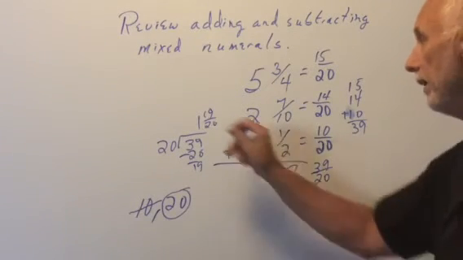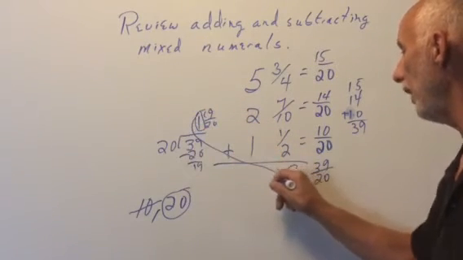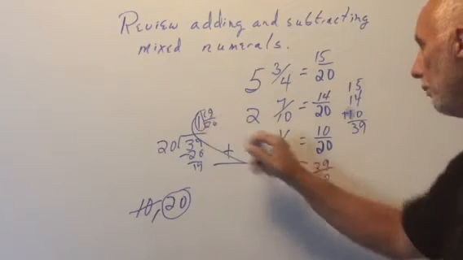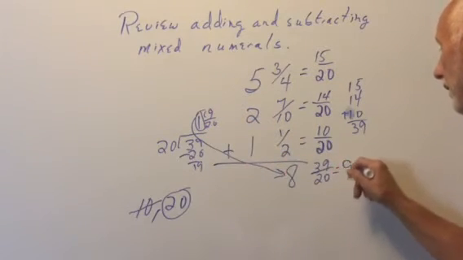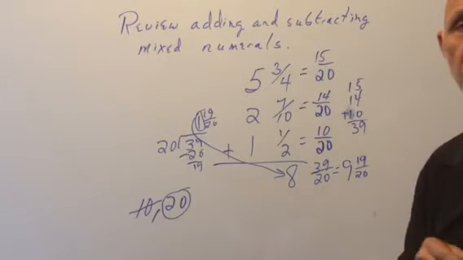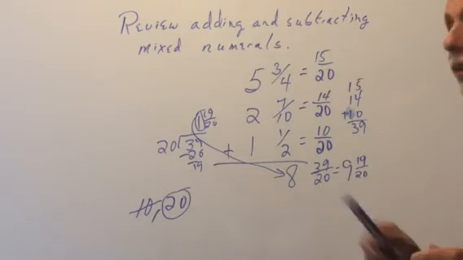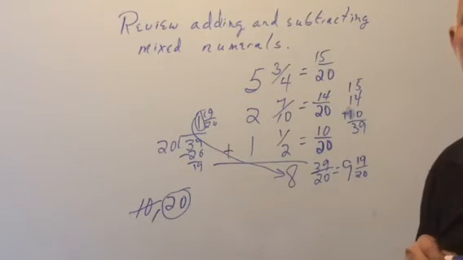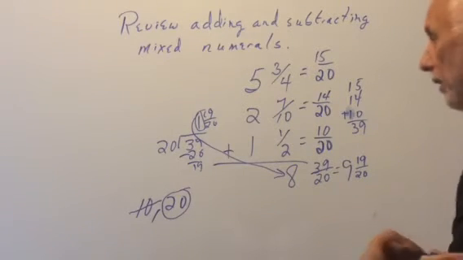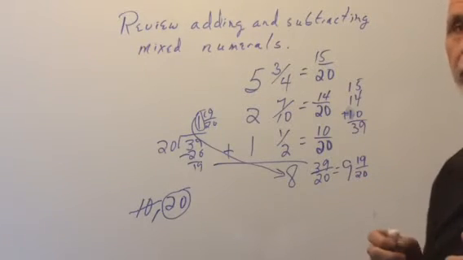So don't forget to add the whole number when you make it proper to the whole numbers. So 1 plus 8 makes 9 and 19/20ths. And now the only thing you have to make sure of is if it's simplified. And again, 19/20ths, they're only one number apart, so that makes it automatically simplified. So this is my final answer, 9 and 19/20ths.